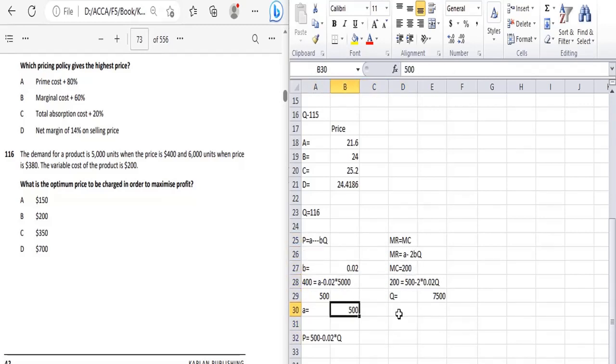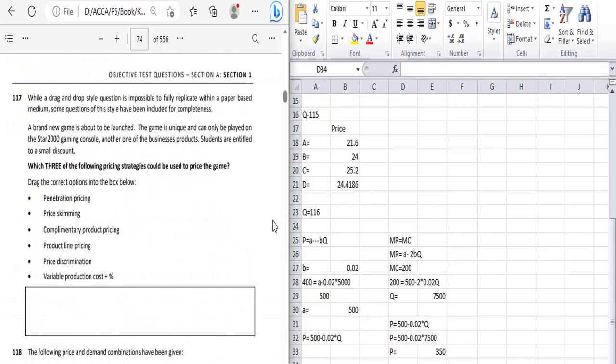So P equals 500 minus 0.02 into 7500, so P is 350. I hope this is clear.